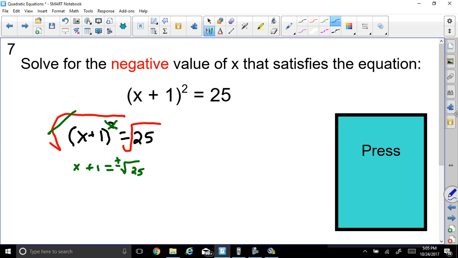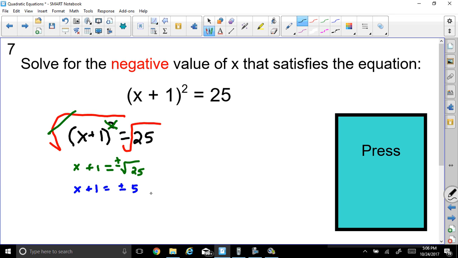All right, so let's look at this now. We have x plus 1 is going to be equal to a positive or negative square root of 25, which is 5. Now, we didn't solve for x yet, so let's do a little bit of work here. Now our answer could be equal to positive or negative 5.